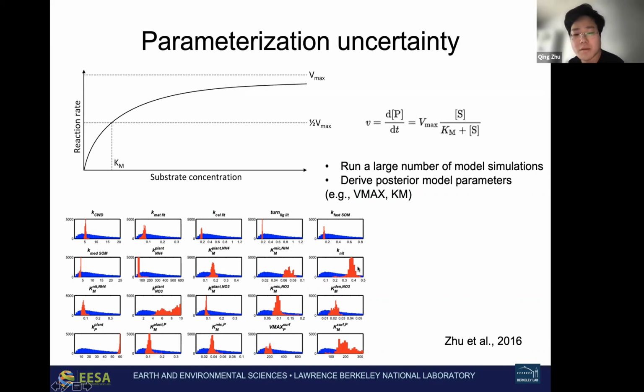You can see here the blue bars, the histogram of the blue area, is the prior distribution that we sample from, and the red bars are the posterior. We can readily see that if we rerun a large number of model simulations, we are able to get a relatively tight distribution of the posterior parameters. We call those the optimized parameters, and we use those optimized parameters to run the future simulation or large-scale simulation. So this is the whole idea of how we get rid of uncertainty from parameterization.